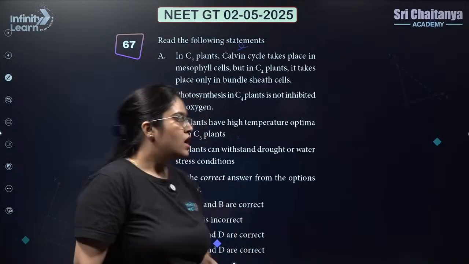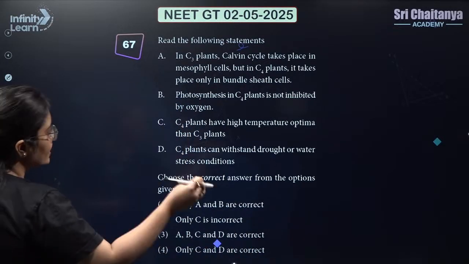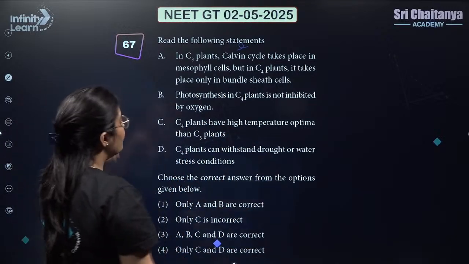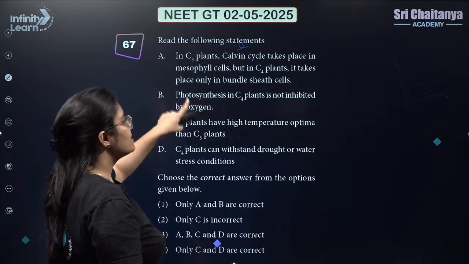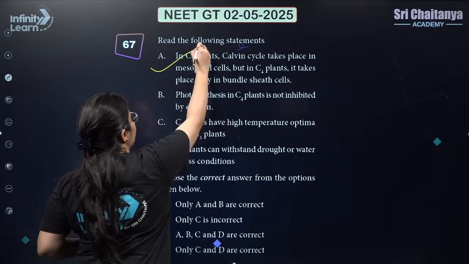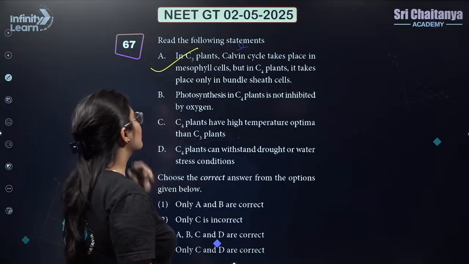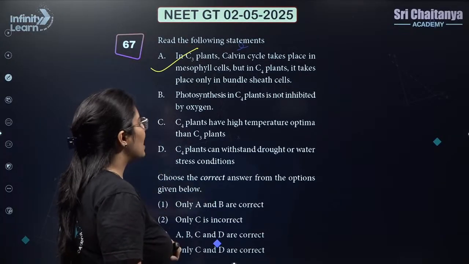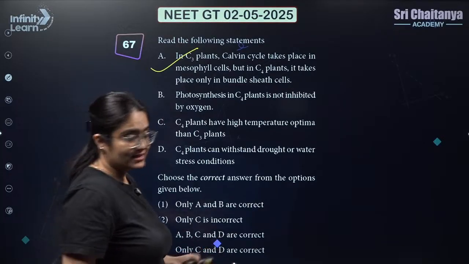Next. In C3 plants, Calvin cycle takes place in mesophyll cells, but in C4 plants, it takes place only in the bundle sheath cells. Correct. Photosynthesis in C4 plants is not inhibited by oxygen. Yes.